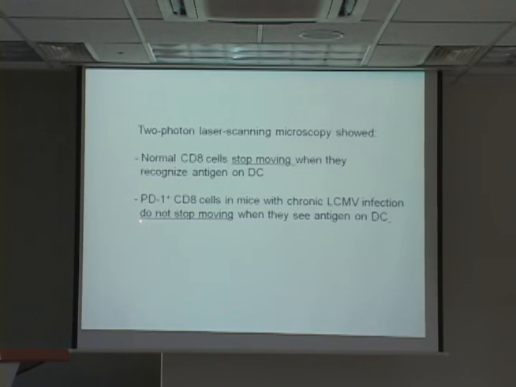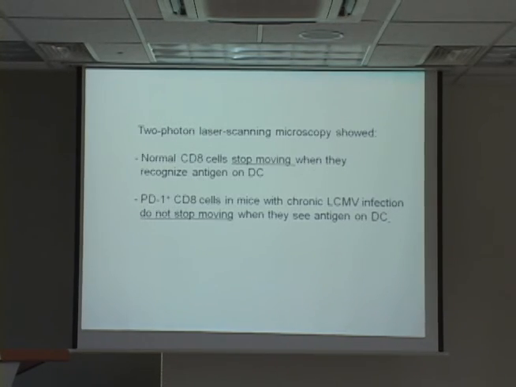But what they found, in fact, is that if the cells have a high density of PD-1, then these cells don't stop moving, and they just zip past, and they can't form a synapse, and that's why they don't mount an immune response. So in that sense, they're not really reinvigorated. They are basically blind to the infection.